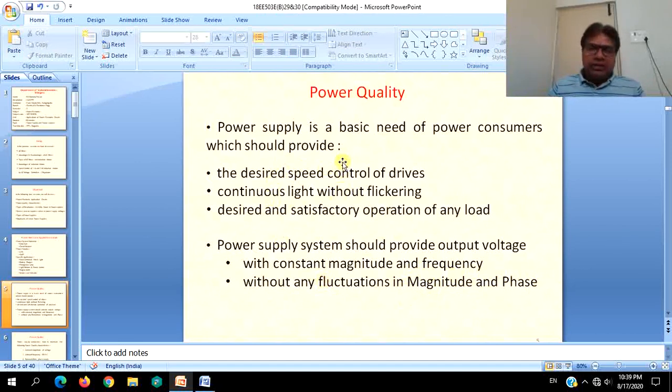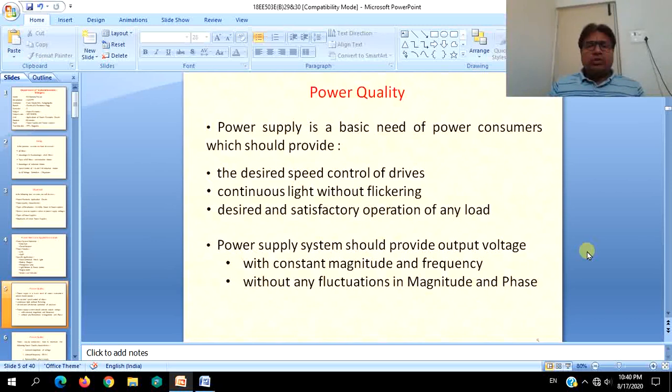So that is the aspect of power quality and the things which are to be followed by any power supply system. In fact, we call them control engineers or power engineers.